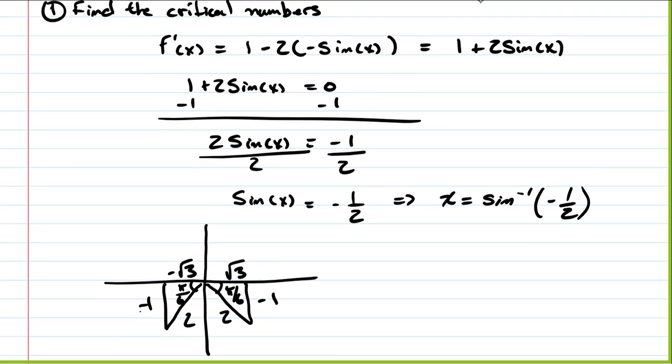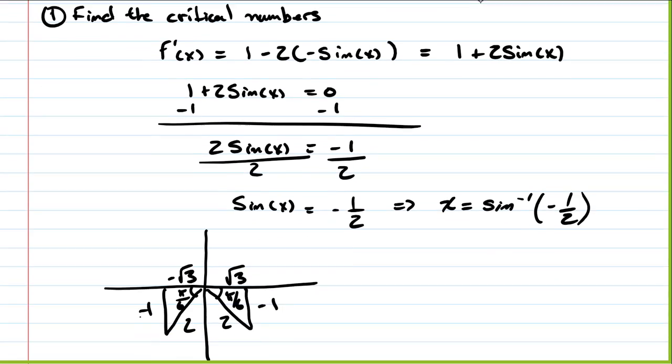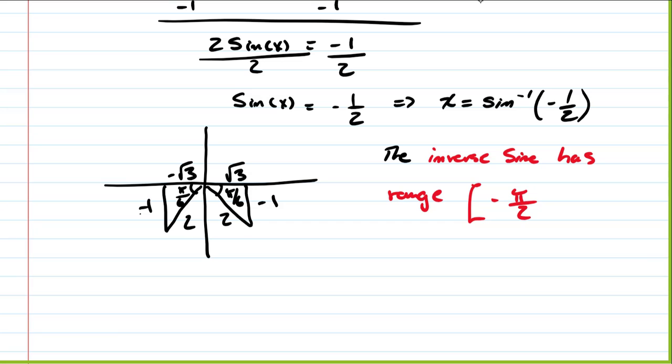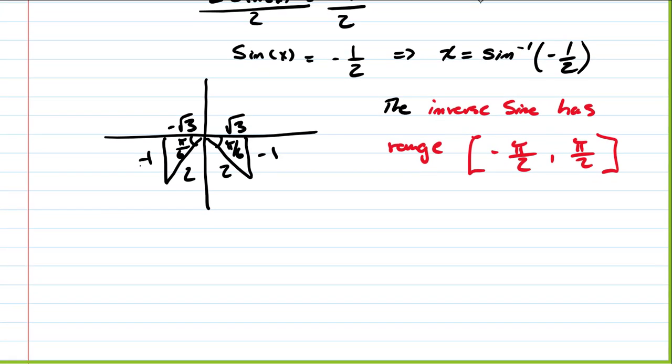But we have to be careful because our inverse sine has range negative pi over 2 to pi over 2, right? So then if we're going negative pi over 2 to positive pi over 2, our reference angle is pi over 6.